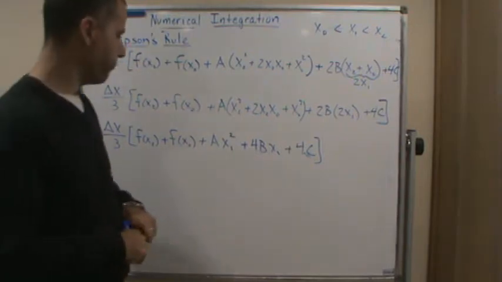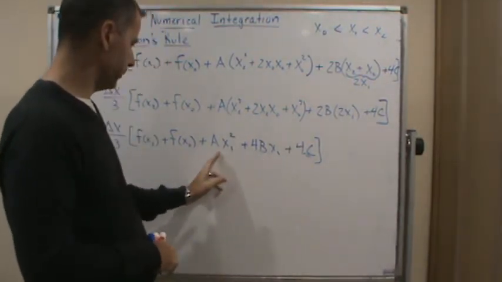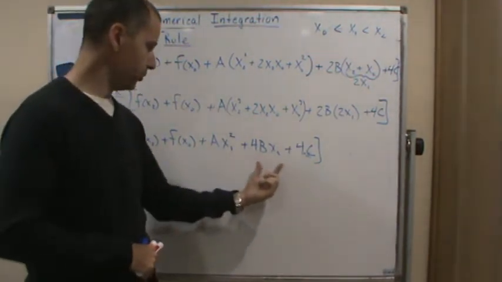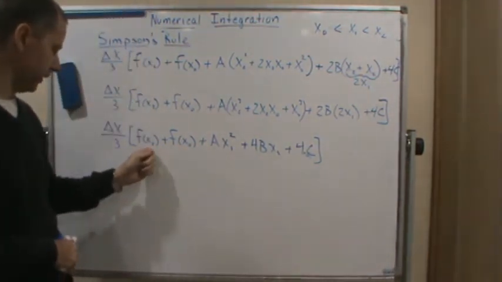So now we're almost there. We've got this here. We just need to figure out how to make this into f of x1. That's the only one we're missing, right?